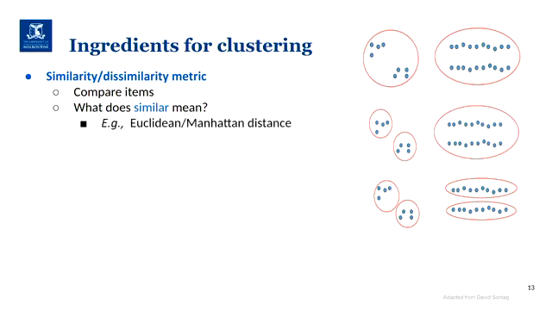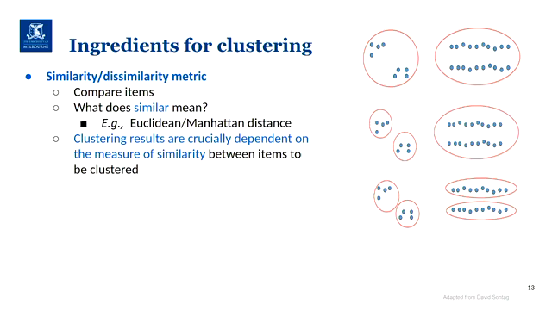We've discussed Euclidean distance. There are also other types of distance, edit distance, Manhattan distance. The main lesson here is that the resulting clusters will depend on the similarity metric you choose. It will depend on the features you use to cluster on.